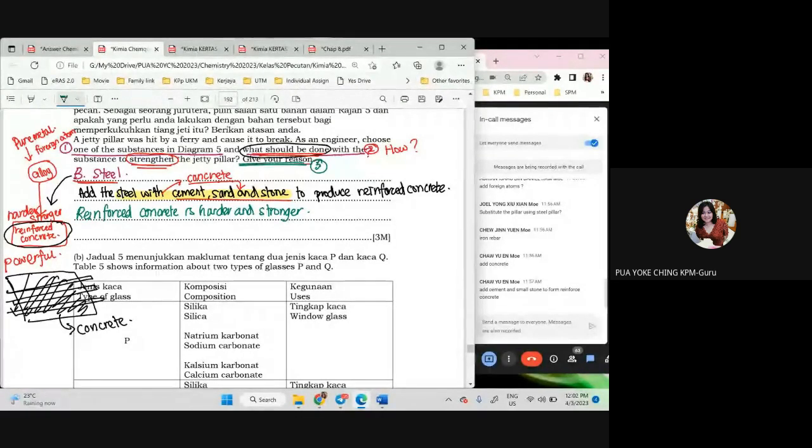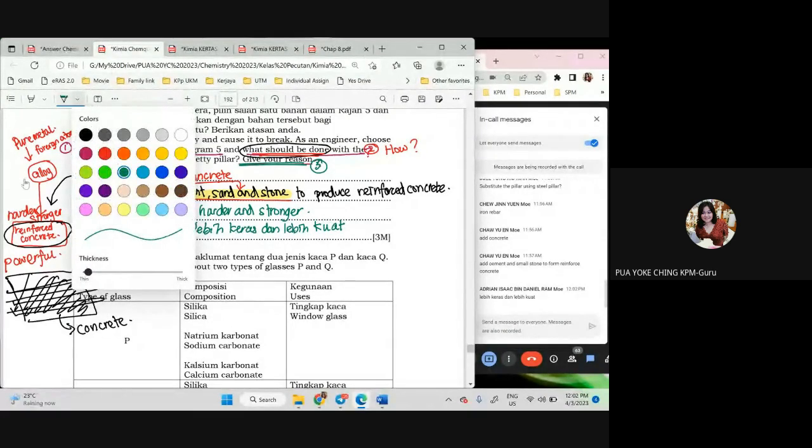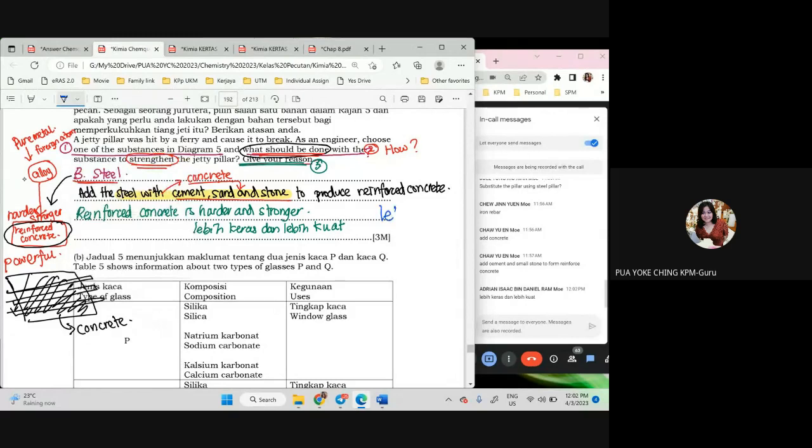Harder, stronger dalam BM, lebih keras dan lebih kuat. Okay. If someone else write this, lebih kukuh. Accept?